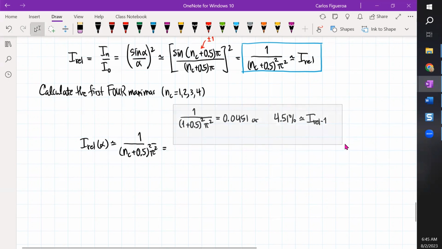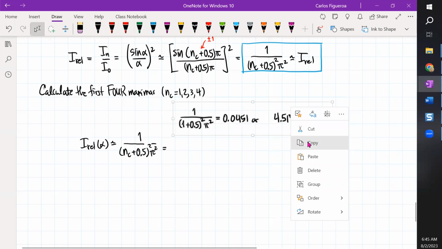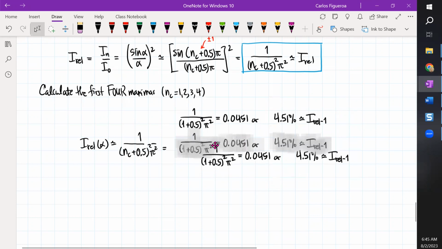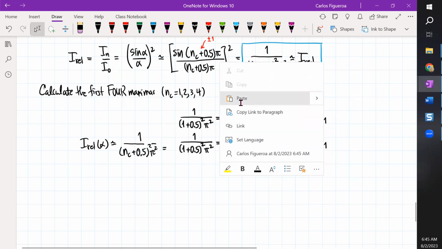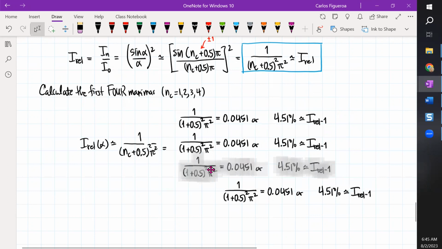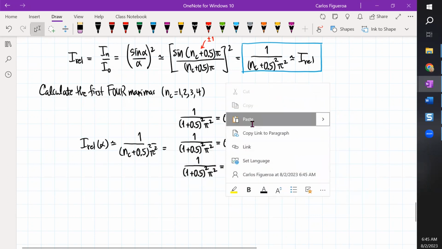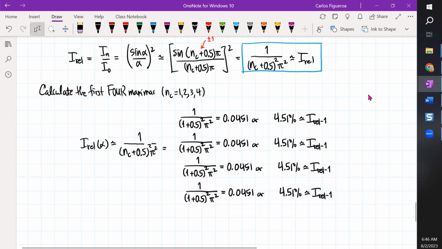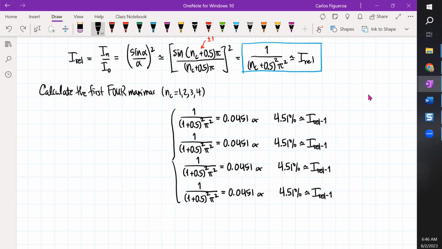Because I'm going to repeat this, I'm going to try to move quickly through it so as not to be super redundant. Now I am going to calculate all of these for the first 4 values. Uh-oh, I don't know what I just did.